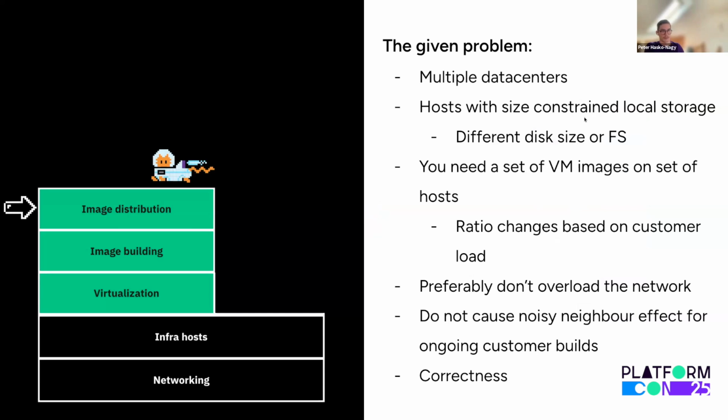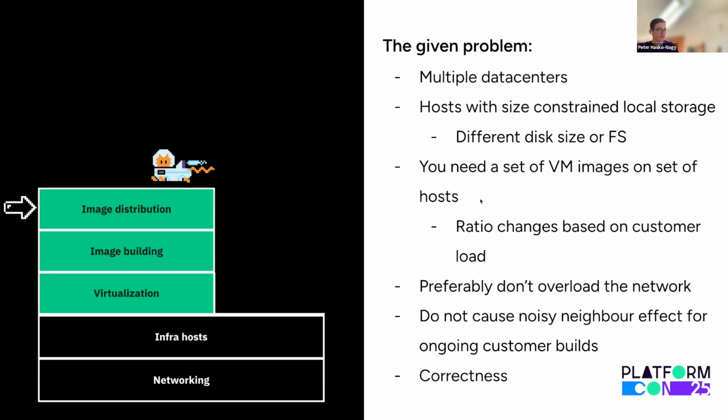And what we would like to do is get a set of VM images, which I will refer to as stacks from now on, onto a set of these hosts. And I will refer to a set of hosts as pools, like machine pools, from now on. So again, your problem is to get a few stacks to a few pools.